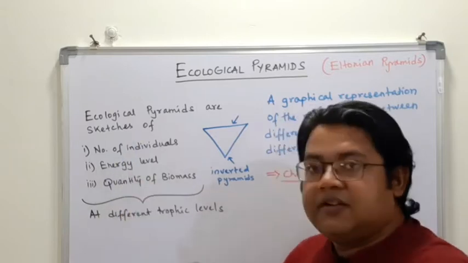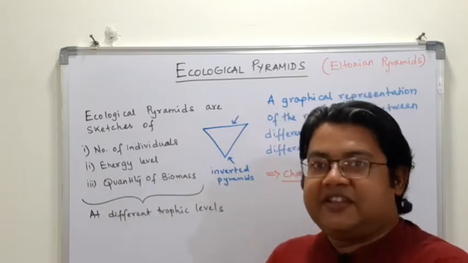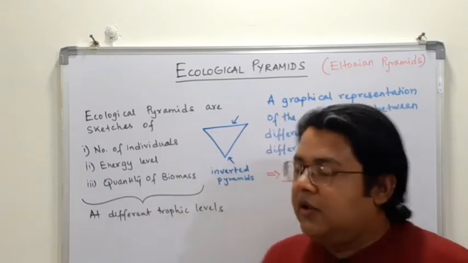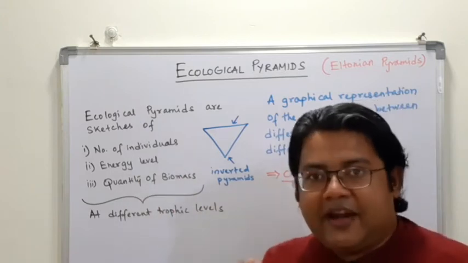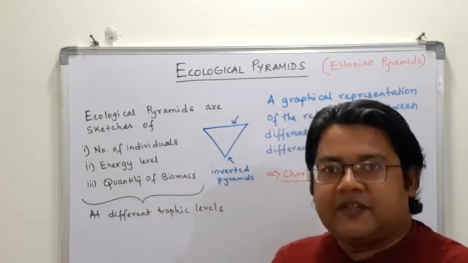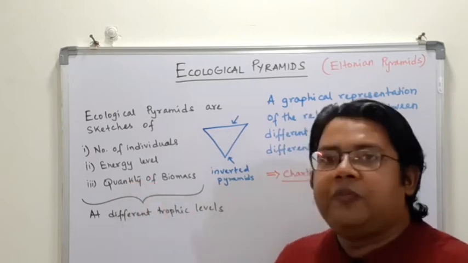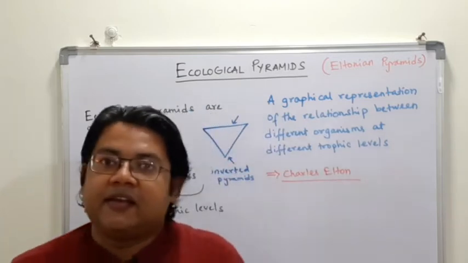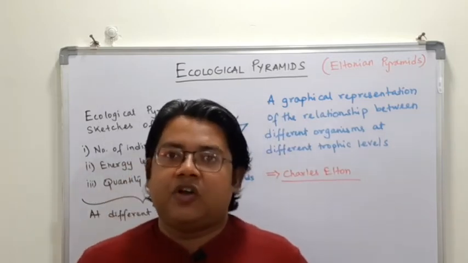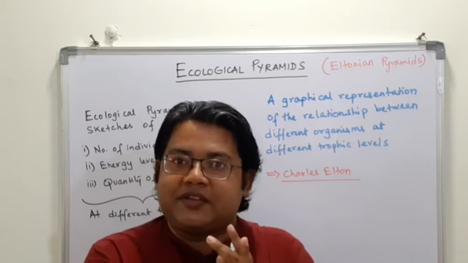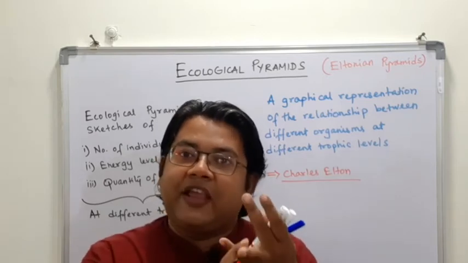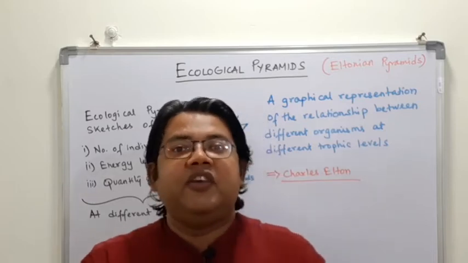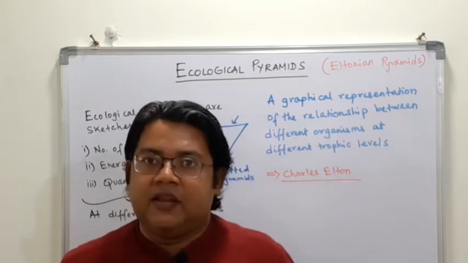It can be the representation or the graphical sketch of the energy levels at different trophic levels, or the ecological pyramids can be the graphical representation or sketch of the quantity of biomass at different trophic levels. So ecological pyramids can be the graphical representations of either the number of individuals at different trophic levels, the amount of energy which is present at different trophic levels, and it can be the quantity of biomass at the different trophic levels.